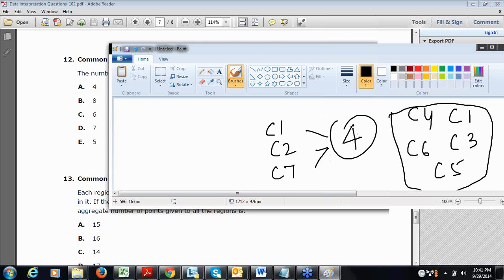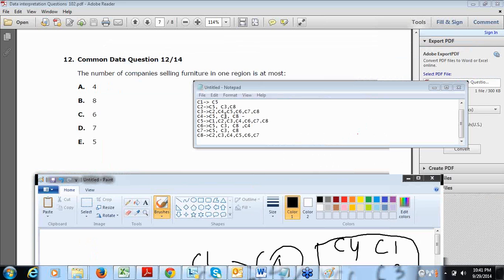It can't be more than 4, because for C1 the competitor is C5, for C2 it is C5, C3 and C8, for C7 it is C5, C3 and C8.